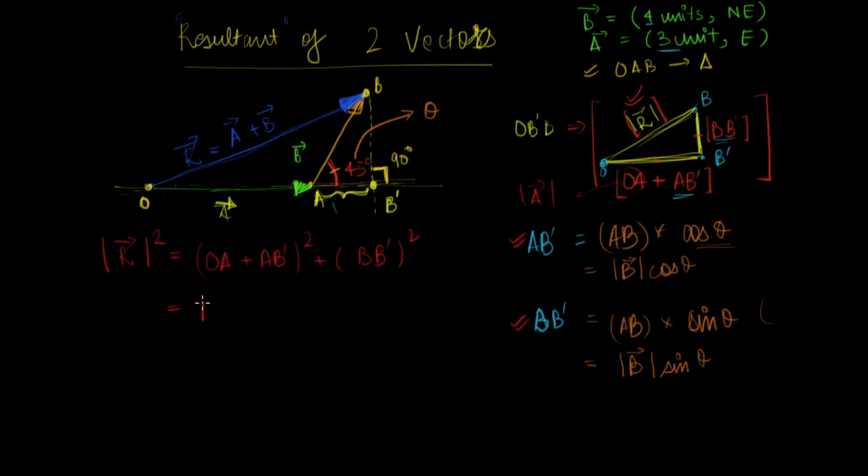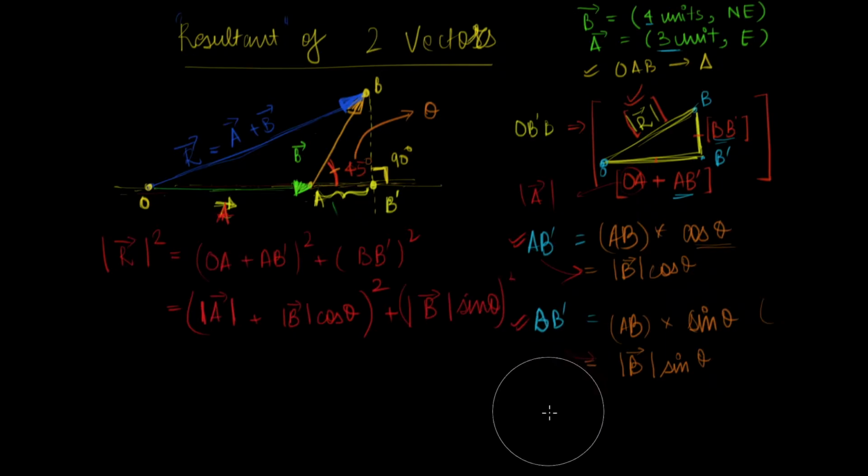OA, as I have already stated many times, is the magnitude of the vector A. And AB prime, as I've already figured out, would be the magnitude of vector B multiplied by cosine of theta, and we need to square that up. Similarly, BB prime would be the magnitude of B times sine of theta, but we must square that as well.